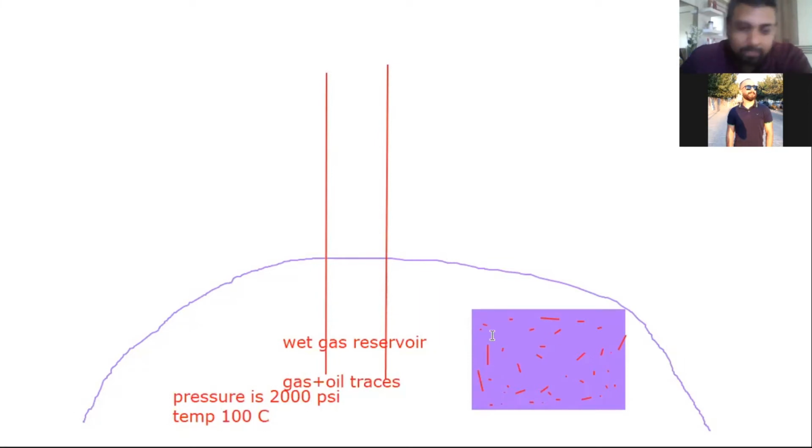Now this block which we have is coming out at the surface. As this block is coming out at the surface, its volume will shrink. It's the same block, but its volume will shrink.